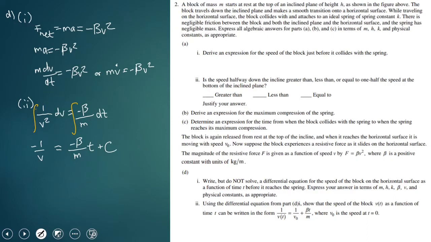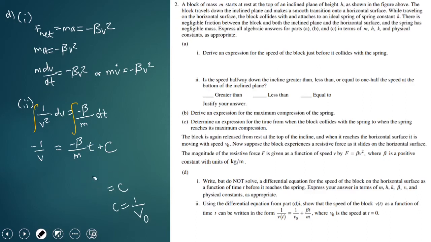And so based on that, at time t equals 0, I'm going to get negative 1 over v is equal to c. Now at time t equals 0, my v is v naught. And so I know that my c is 1 over v naught.